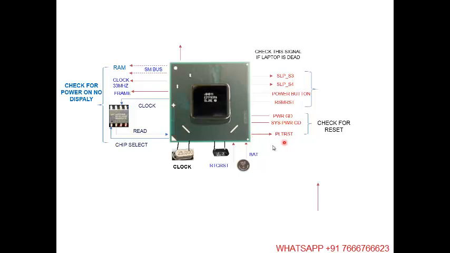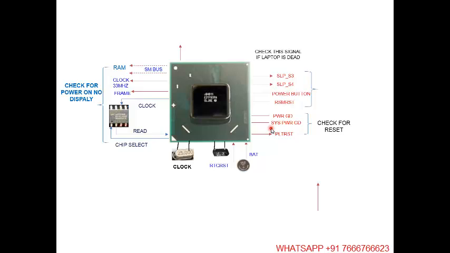PLT reset. This is the platform reset. The platform reset means you reset the entire motherboard. Now how is the reset signal generated? When the PCH receives these two signals, power good and system power good, both signals come either from the SIO or from the pulse width modulator.